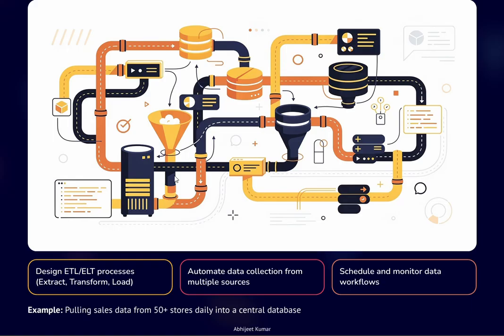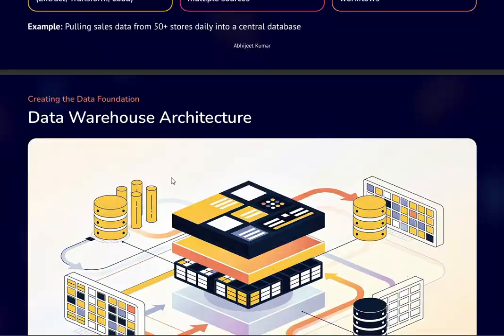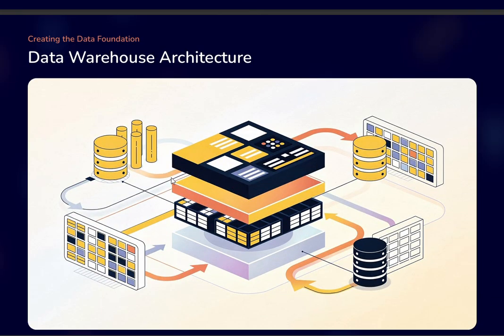They also schedule and monitor this workflow to ensure data arrives on time. For example, imagine pulling sales data from more than 50 stores every day and loading it into a central database automatically. That's a classic data engineering task.